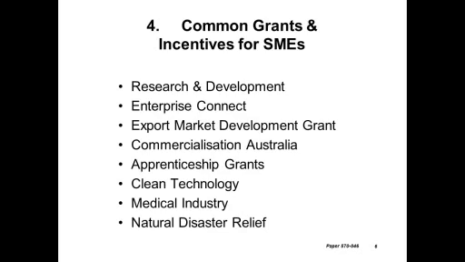Export Market Development Grant. This is a grant that's applicable to a business with a turnover under $50 million who are exporting or proposing to export, as long as they have spent in excess of $20,000 on export market development activities, and there's 13 major headings that eligible expenditure relates to.